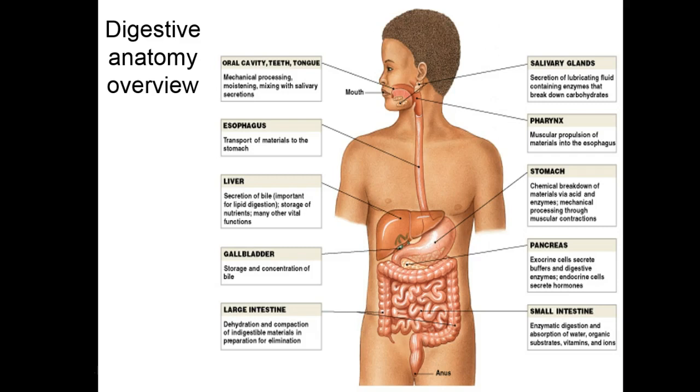The stomach is on the right, so you see the stomach there. Because the environment in the stomach is so acidic, you start breaking down proteins and breaking bonds, mostly those protein bonds.